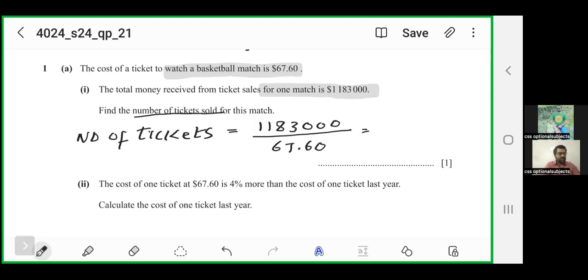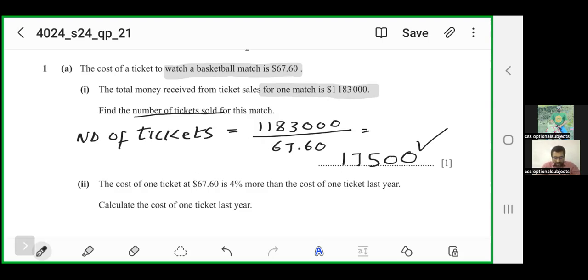The total amount you received from selling the tickets is 1,183,000 divided by the cost for one ticket, that is 67.60. You will get the number of tickets, which is 17,500. This is the number of tickets that you have sold.